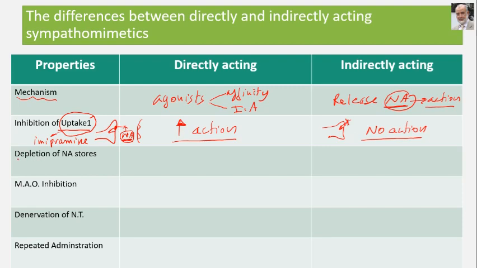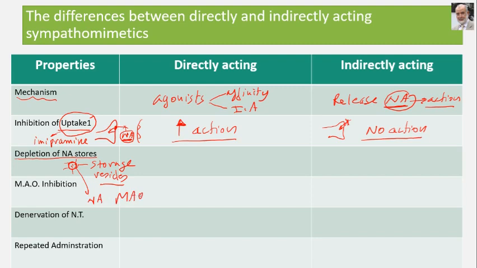The same thing happens if we deplete noradrenaline stores. As we have said, noradrenaline, after its synthesis, is stored in the storage vesicles. Therefore, if we destroy these storage vesicles, what will happen to noradrenaline? Noradrenaline will be metabolized by MAO.